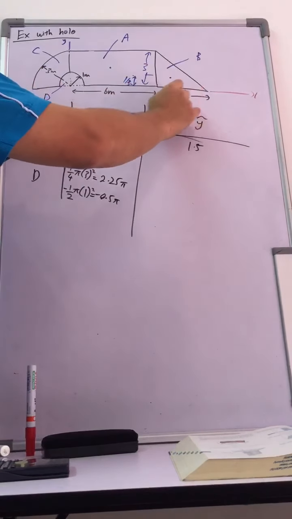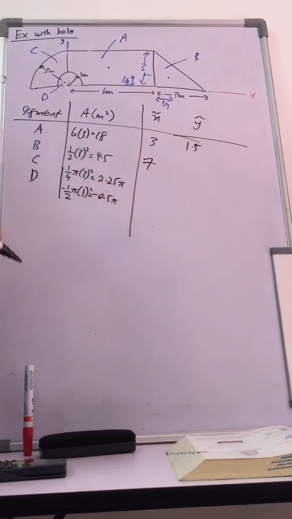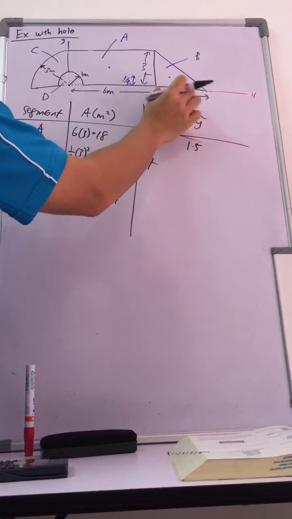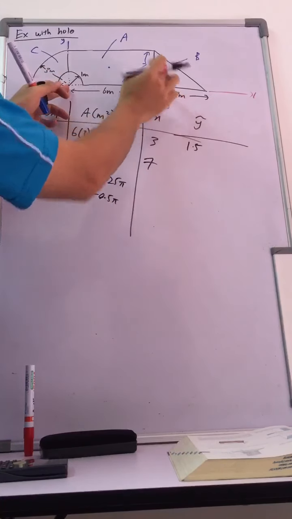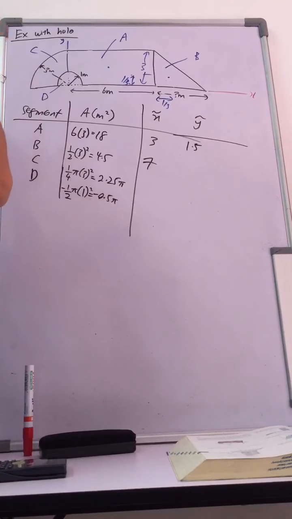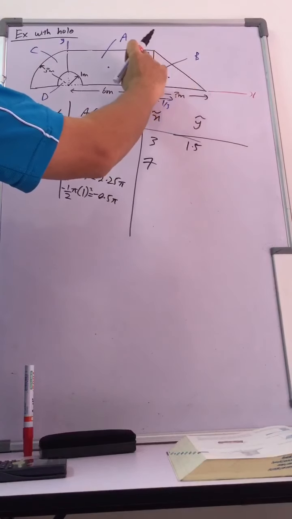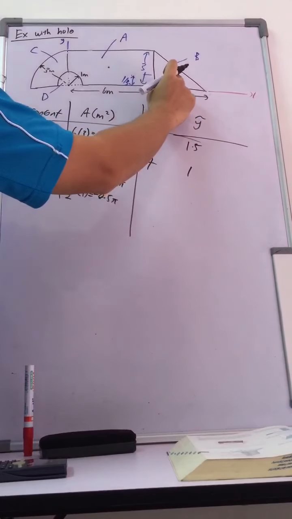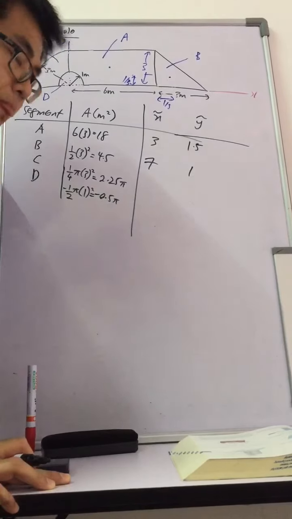So 1 over 3 of 3 is 1. So 1 plus 6 is 7, isn't it? So x is 7. Again, 1/3 of 3 is 1. So plus 6 to have 7, because what we are doing here is the coordinate. And how about y? Y is 1 over 3 of 3, which is 1. Because here is y equals 0, so it is y equals 1. It's okay.